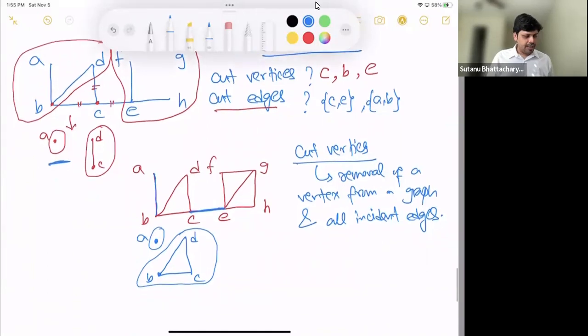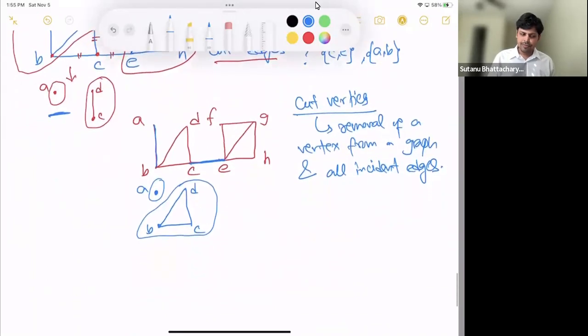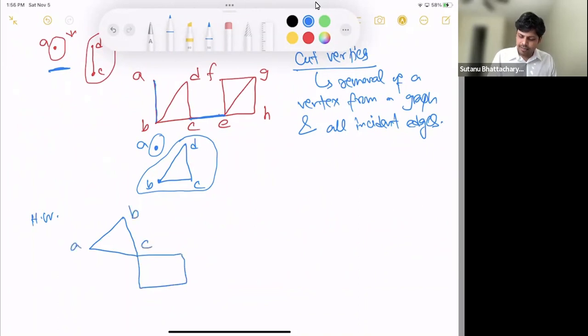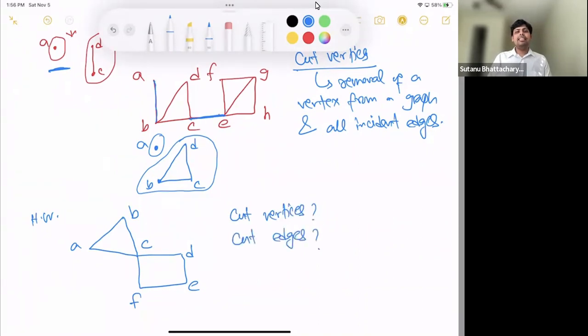Okay, next, one homework would be this graph: A, B, C, D, E, F. You need to find cut vertices and cut edges. It may happen that there is no cut edge in a particular graph, or there are no cut vertices.